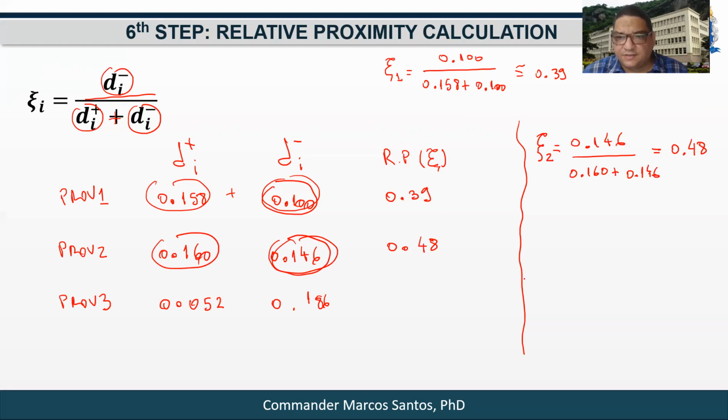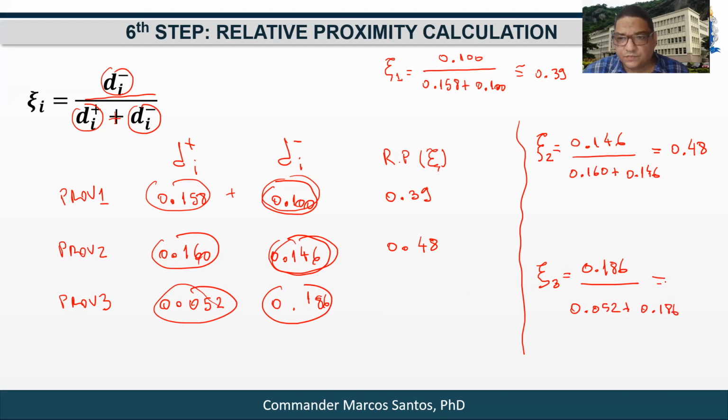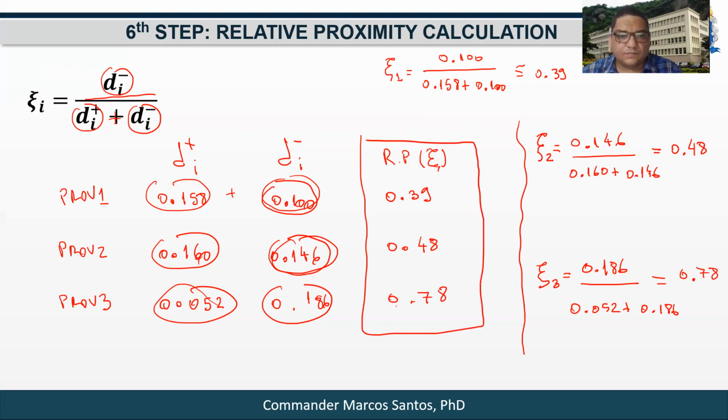And at last, 3 is negative D, 0.186 over positive D, 0.052 plus 0.186. So I have 0.78. So this is my result.